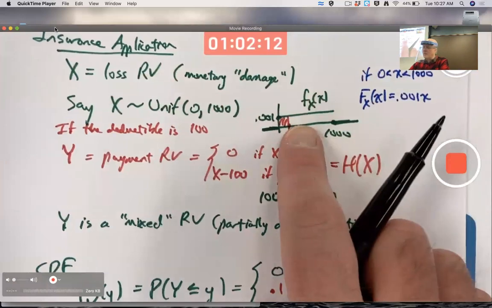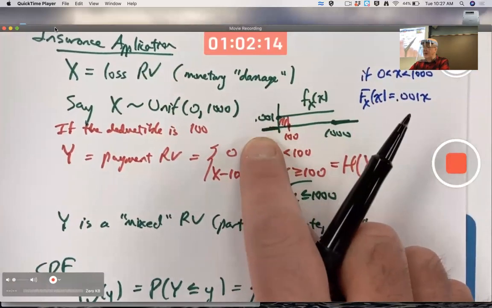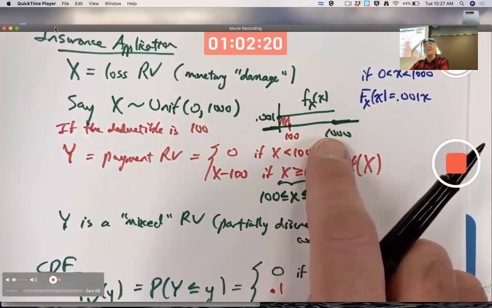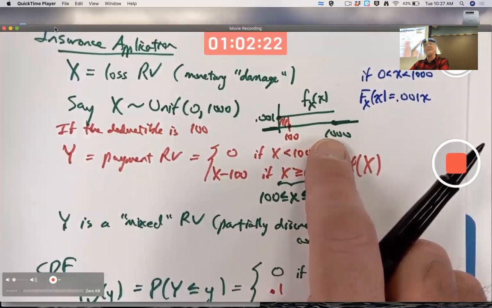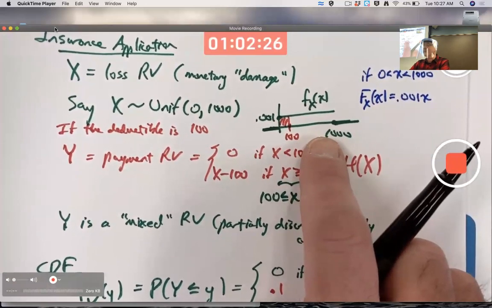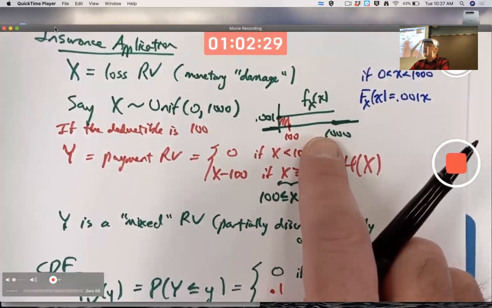Like that, with a value of 0.001 when y is between 0 and 900. But wait a minute, that wouldn't have an area under it equal to 1. If it was the same graph as this, except only going up to 900 instead of 1,000, its area would be 0.9, not 1. How do I get around that difficulty?